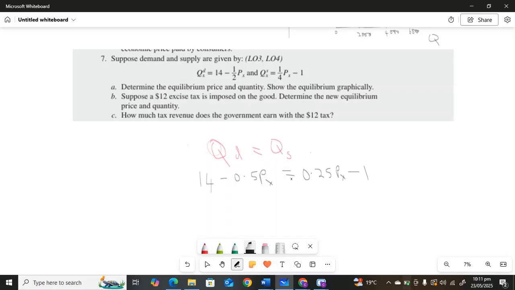After we find that value, we can calculate the equilibrium quantity. So here we just have to group like terms together. This negative 0.5 Px crosses over the equal sign, and this negative 1 also crosses over the equal sign. So here we have 14 plus 1 equals 0.25 Px plus 0.5 Px.